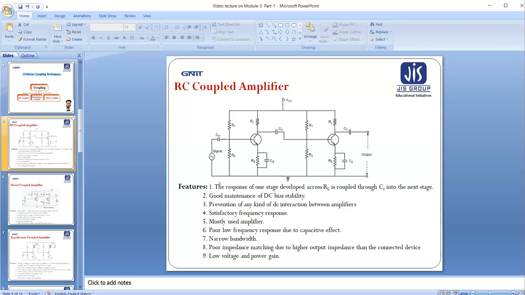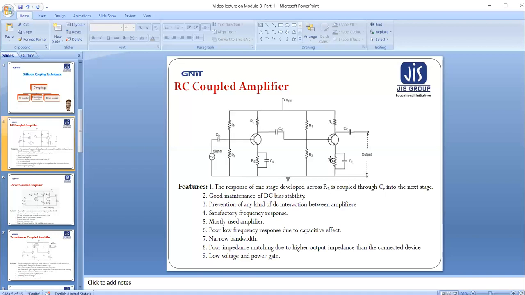It has good maintenance of DC stability, because already it is mentioned that the R1, R2, RL, RE values will be the same for the next stages. Therefore it will maintain DC bias stability excellently. The third point is prevention of any kind of DC interaction between amplifiers.